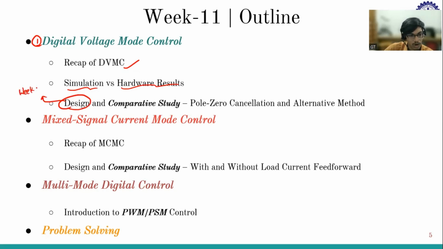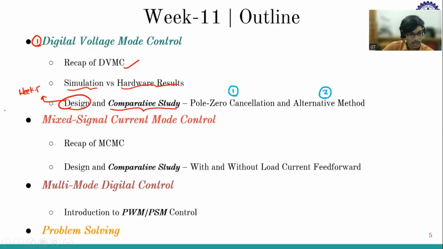We'll not go into the details of the design aspects, but I have put some slides so that we can quickly recall what we had discussed in the earlier session. There are two designs which we'll use here and do a quick comparative study of. If you recall, one is the pole zero cancellation method and the other one is the alternate method. We'll quickly summarize them in the upcoming slides also.